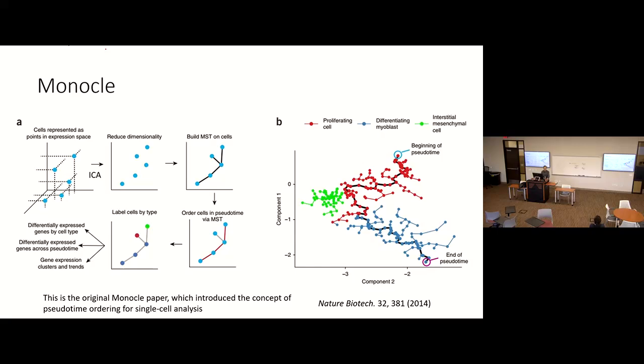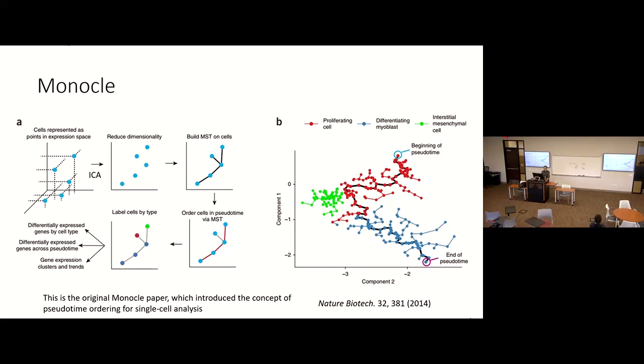It has changed from version 1, version 2 to version 3 right now. The developer may be working on version 4. Each version uses a different algorithm although it has the same name, so if you use Monocle 2 or 3, you have to mention which version you are using, because the underlying algorithm is very different.